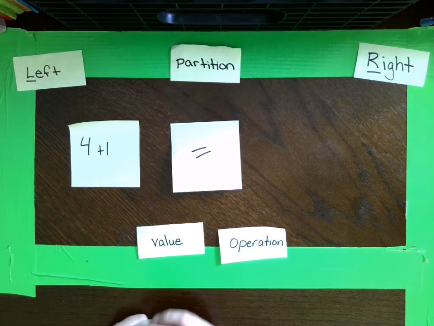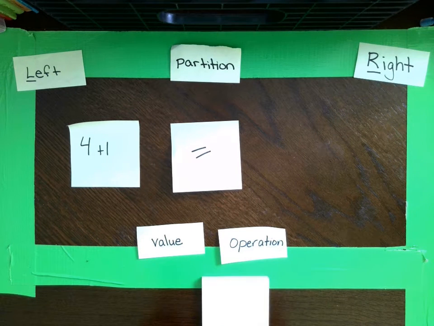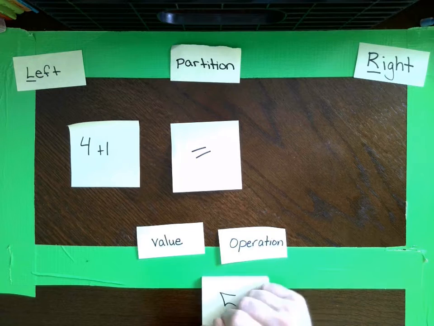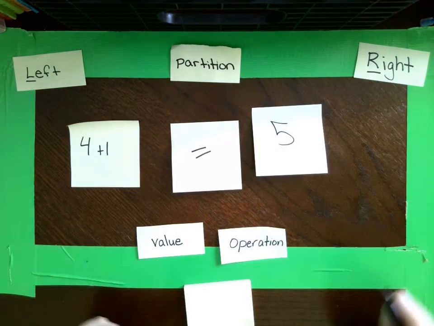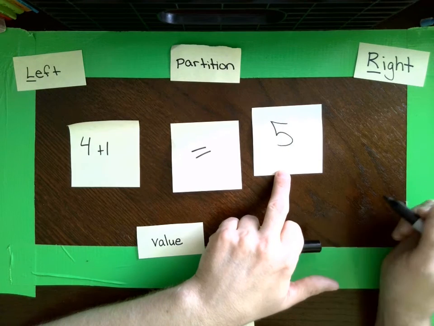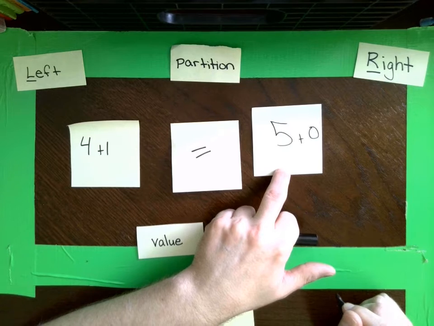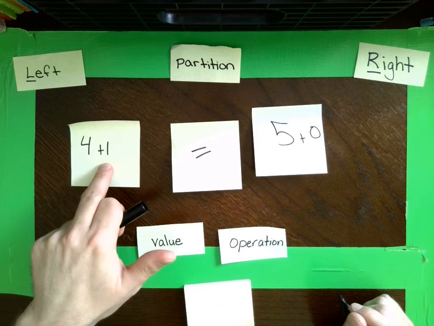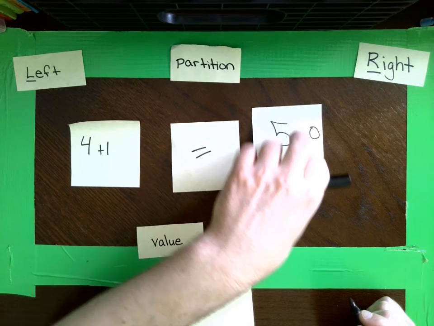If I have 4 plus 1 over here, I know that 4 plus 1 equals 5. So on the right side, I need a combination that will equal 5. If I had 5 over here and I did 5 plus 0, that would be balanced, because 4 plus 1 is 5, and over here 5 plus 0 is also 5.